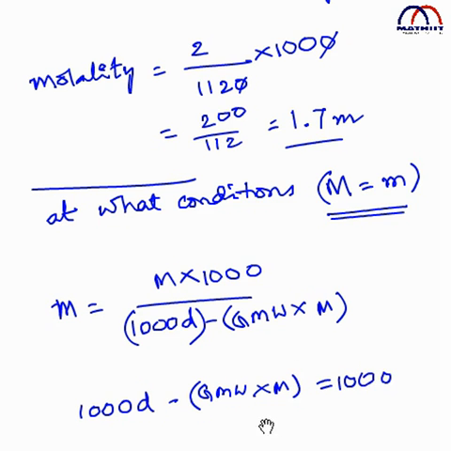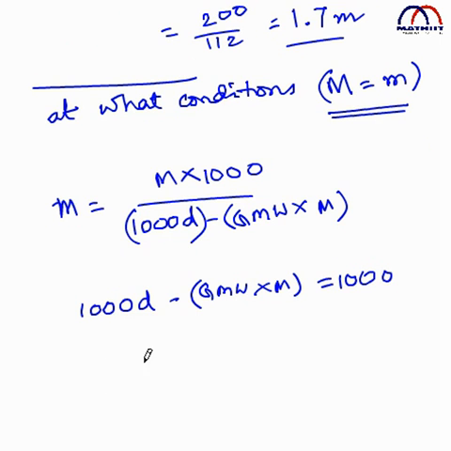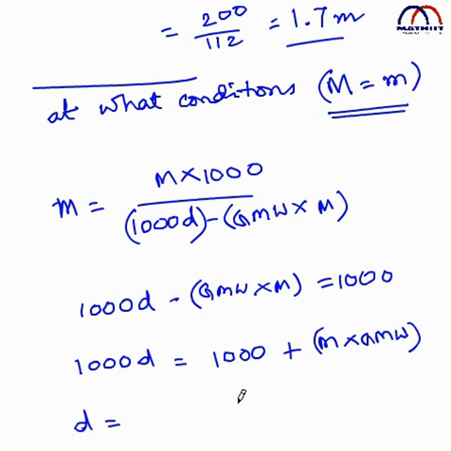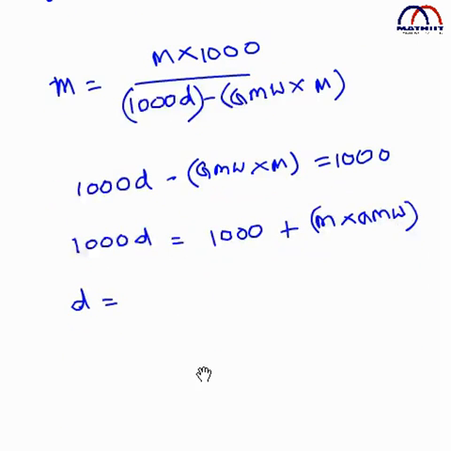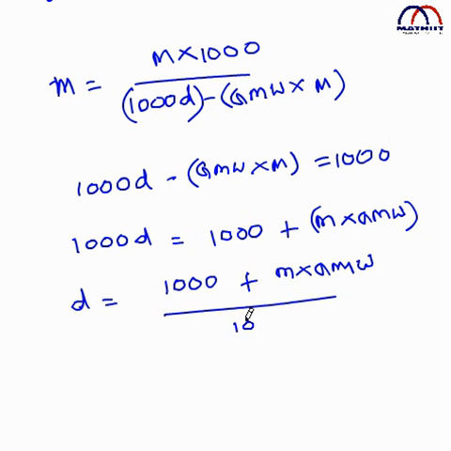Now 1000 d is equal to 1000 plus m into gram molecular weight. Now the density should be equal to (1000 plus m into gram molecular weight) by 1000.